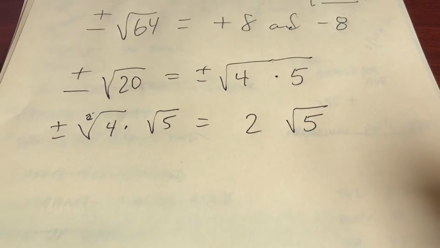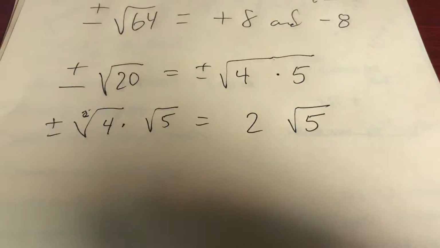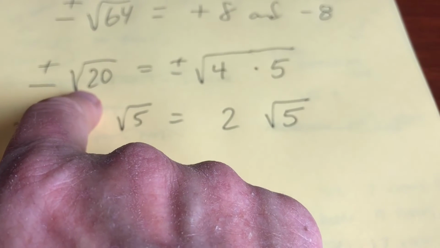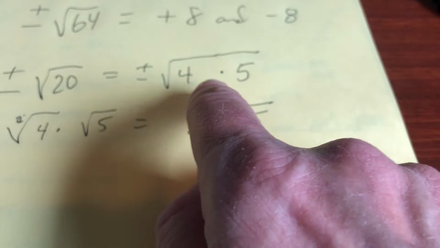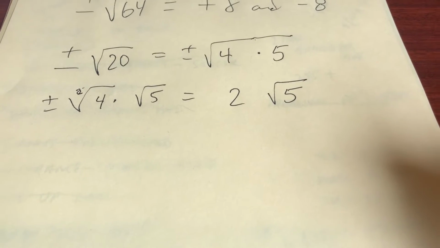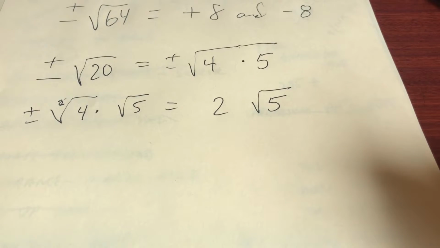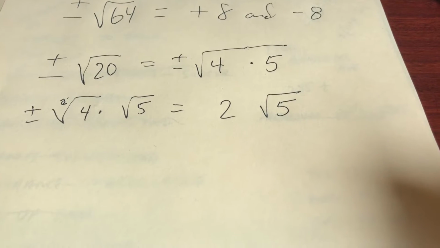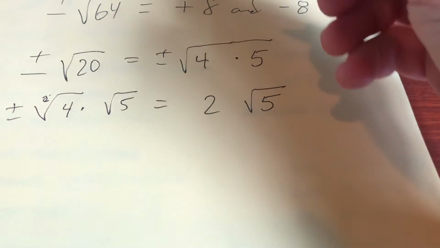So another example where we're taking a number that's not a perfect square and saying plus or minus the square root of 20. We can break this down to be 4 times 5, and then we can take the square root of each of those, the square root of 4 and the square root of 5. We do know that 4 is a perfect square, so that becomes 2.